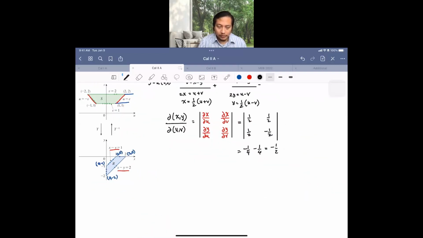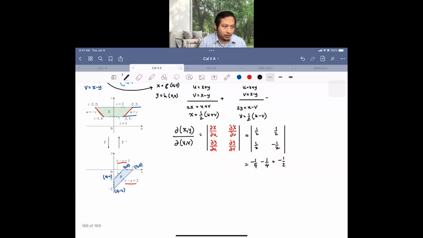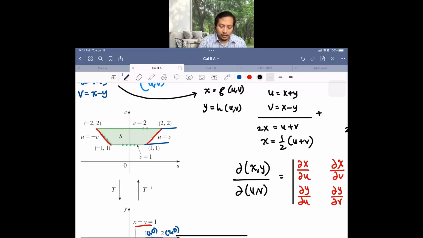Now we can write down, based on what we have, the interval: this is u v, 1 less than v less than 2, and for u, negative v less than u less than v, based on the linear equations of y equals mx, right?